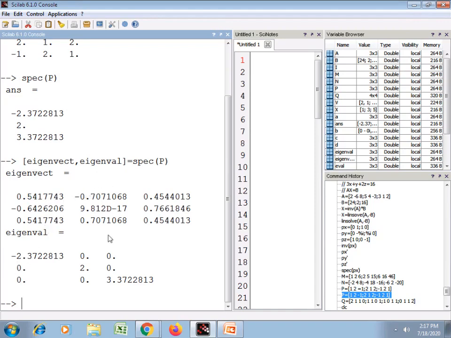The second column vector is corresponding to second eigenvalue, and third column vector corresponding to third eigenvalue. So in this way we can get the eigenvalues and eigenvectors for any matrix.